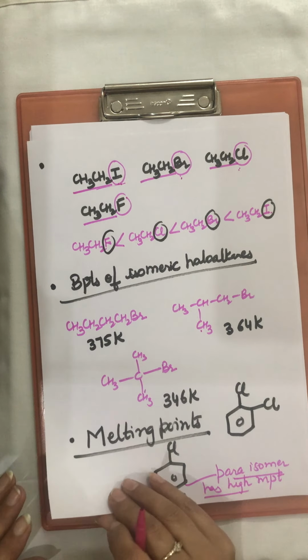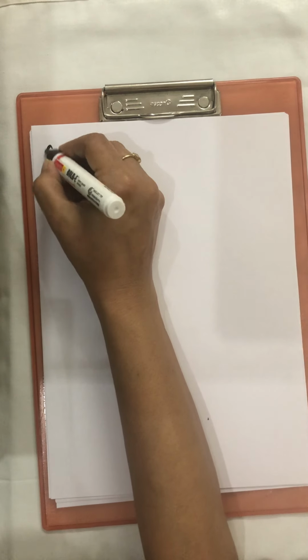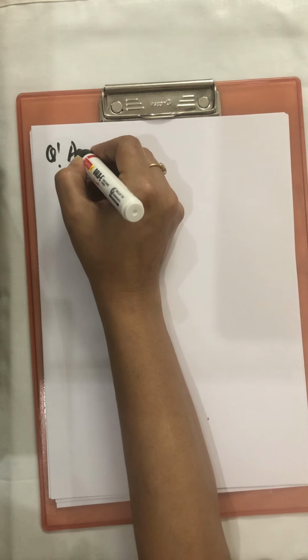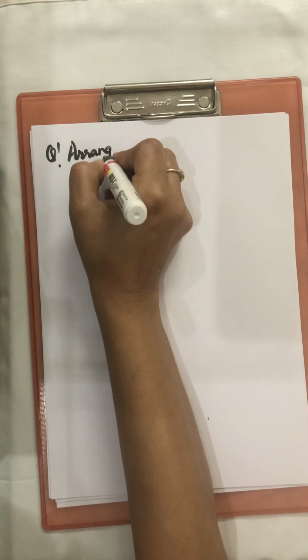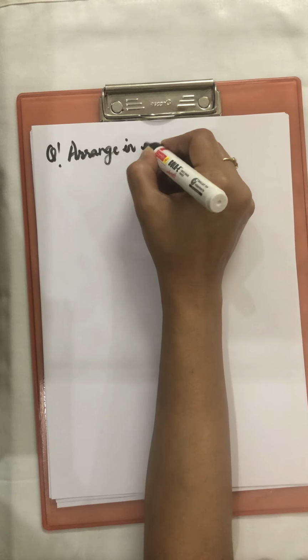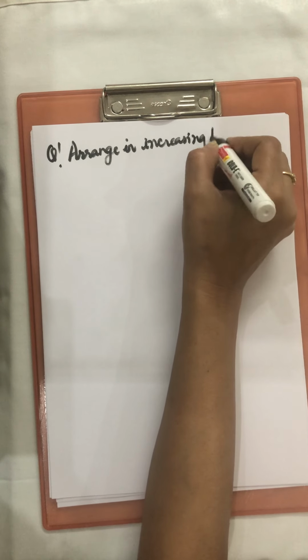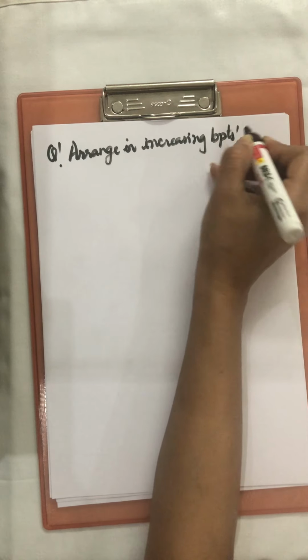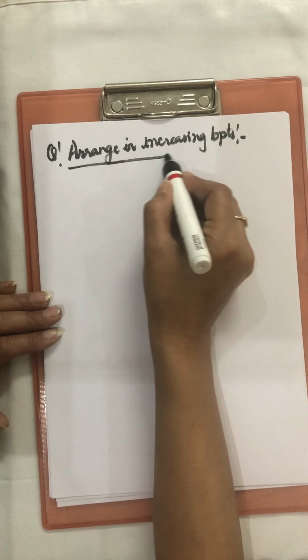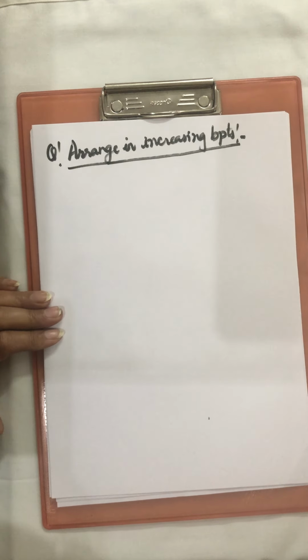Now I am taking one question with this. Arrange in increasing boiling points. Some compounds are given here. Arrange these compounds in their increasing boiling points.